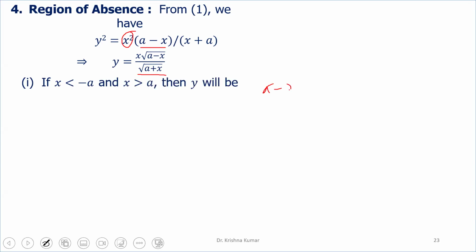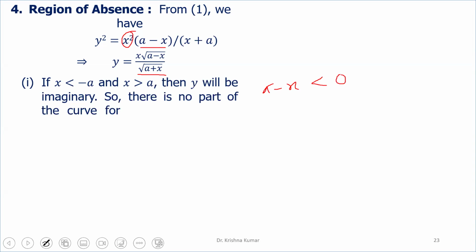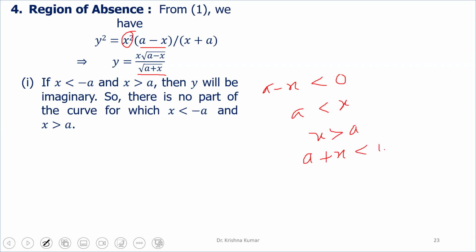Now, what does it mean if a minus x is less than 0? It means a is less than x, or x is greater than a, and also if a plus x is less than 0, it means x is less than minus a.